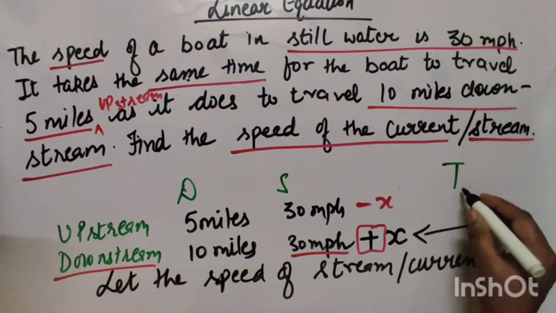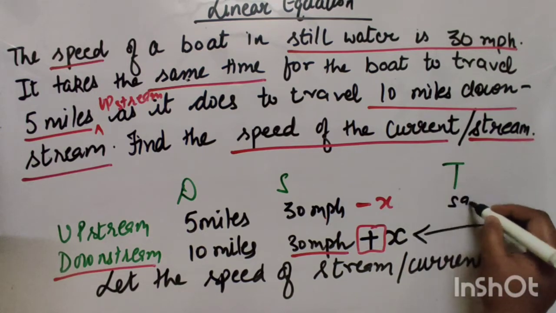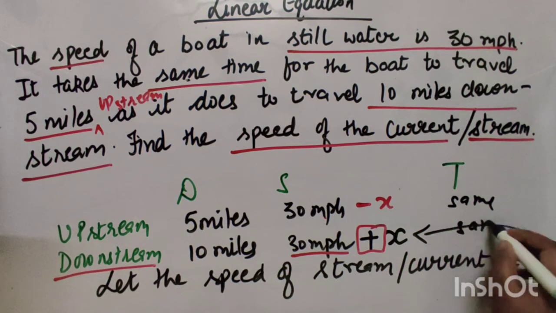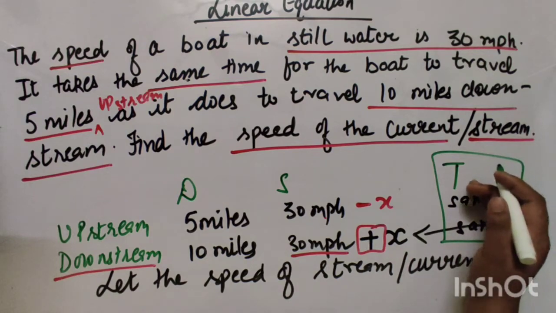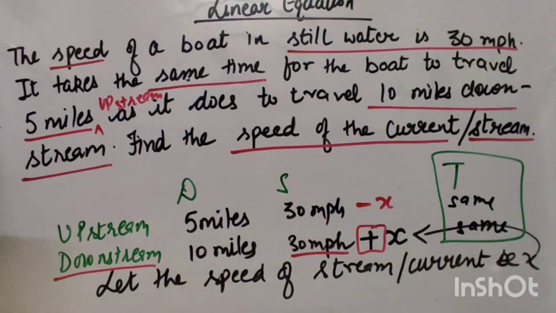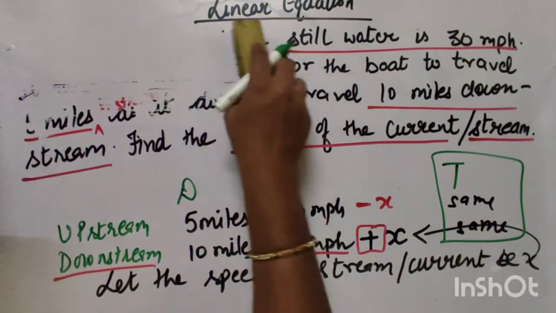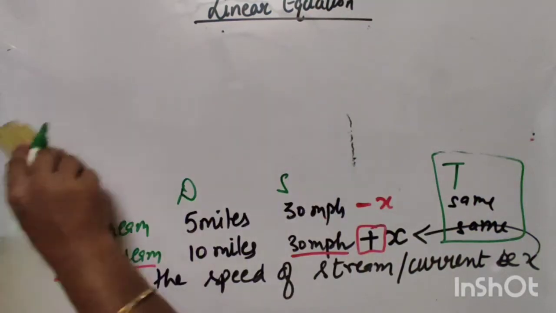So when the time is the same in both cases, the equation we will form will be based on this factor. Time will be the factor which helps us form the equation, right? Now I'm going to erase the question so that I can show you the further calculations.